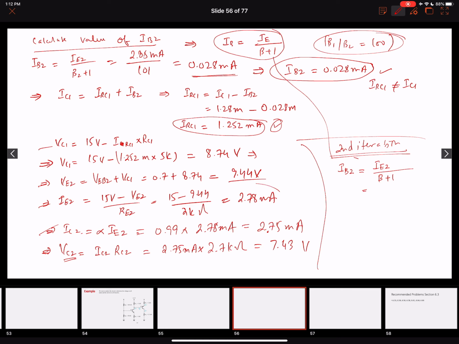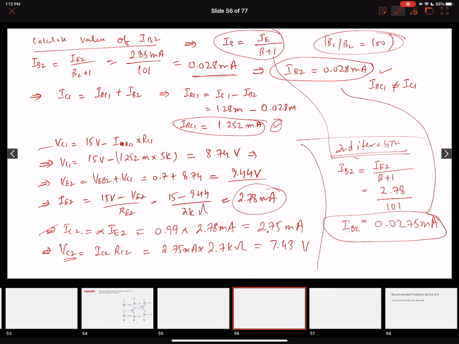IE2 was 2.78 milliamperes, 2.78 divided by 101. When we calculated this value, it came out to be 0.0275 milliamperes. If I compare this value with the earlier value of the base current, the values are pretty similar, right? 0.028 and 0.0275 milliamperes.